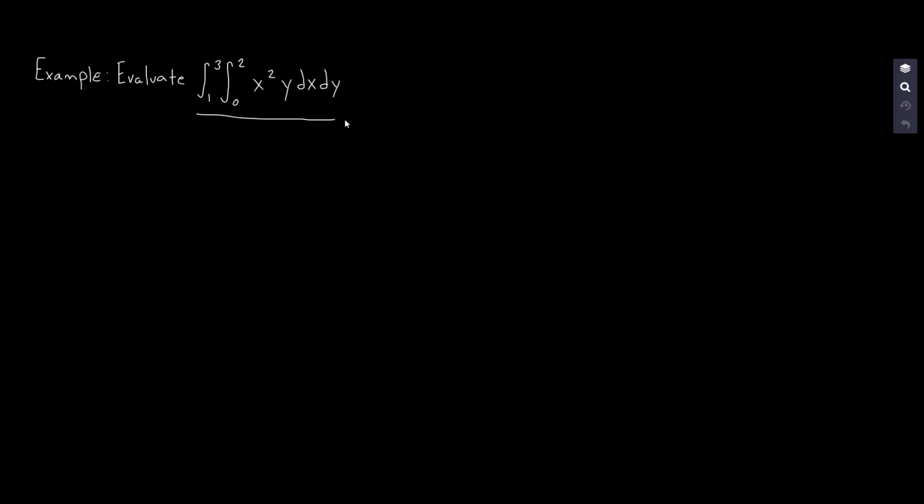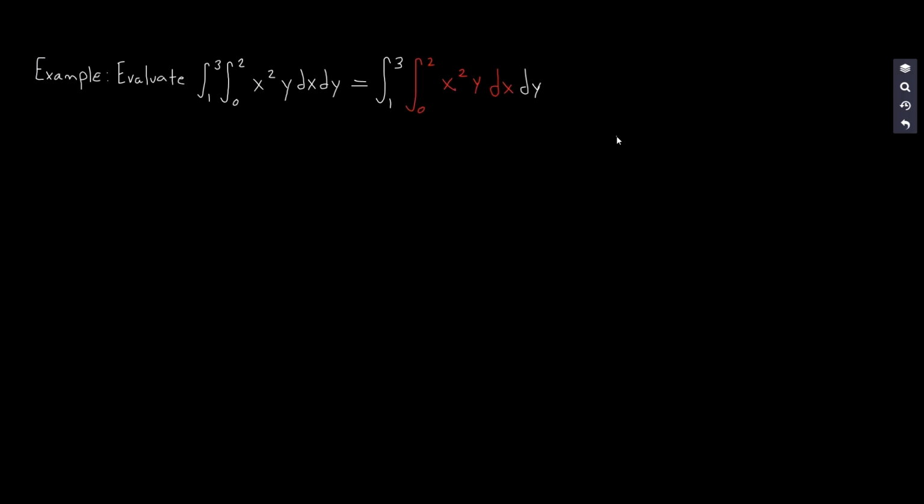With this here, I need to do the inside integral first, and the inside integral has a dx in it. So that just means that the y gets treated as a constant and that I can factor it out. But before I jump in, I'm just going to rewrite this. So I'm going to evaluate what's in red first.